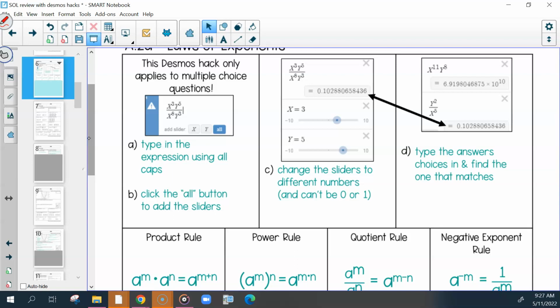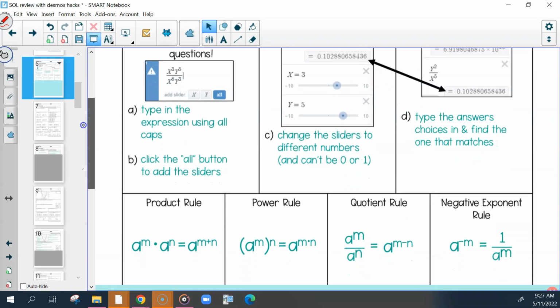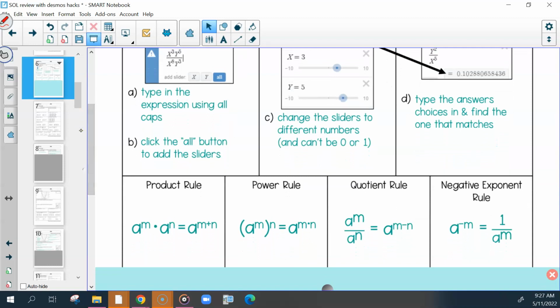Do you need another copy of this? And I'm going to slide this down so you can also see these rules. So the product rule is a to the m times a to the n equals a to the m plus n. Power rule is a to the m in parentheses, outside of that, raised to the n equals a to the m times n.